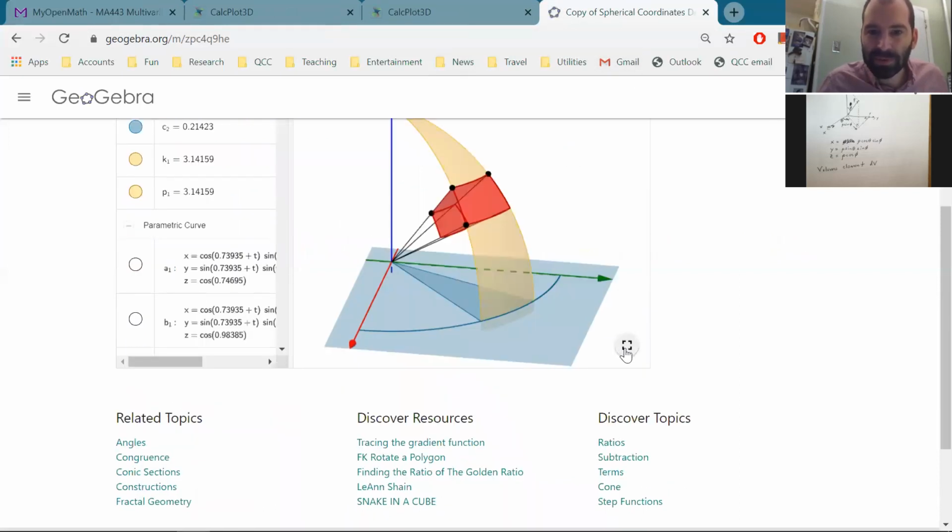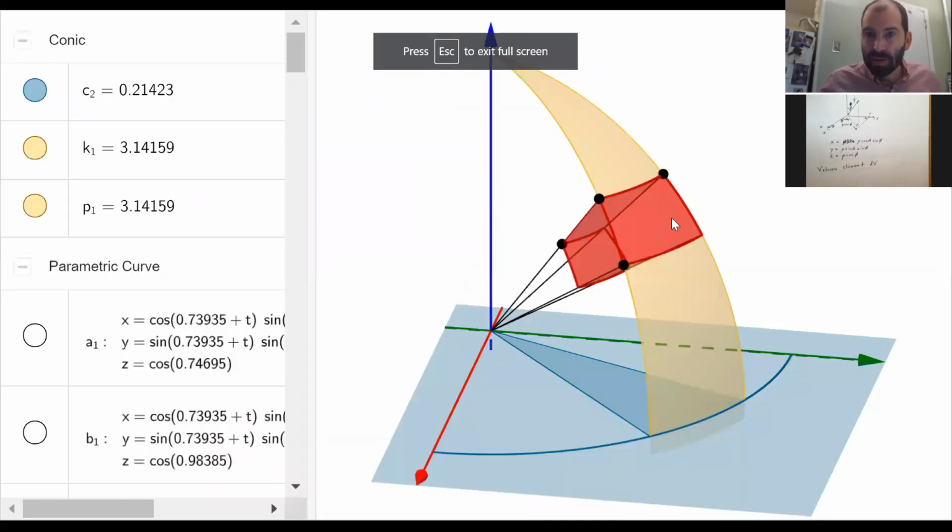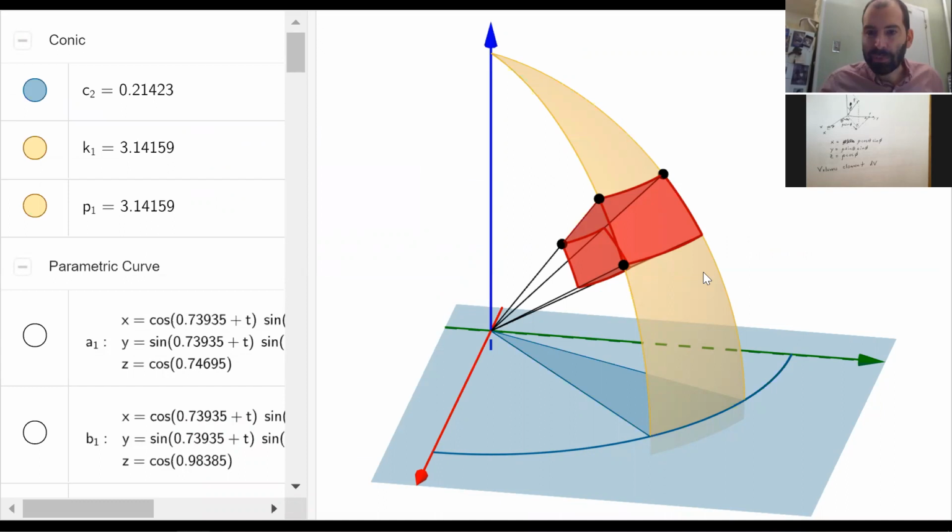So here we have a picture of the volume element, all right? I have to move some of the zoom controls around here, get them out of the way. So what we're going to do is look at a little change in phi.